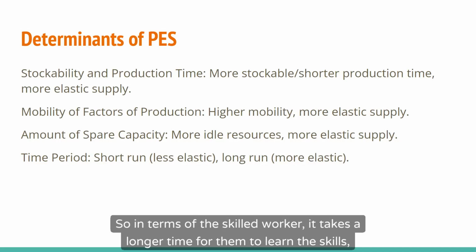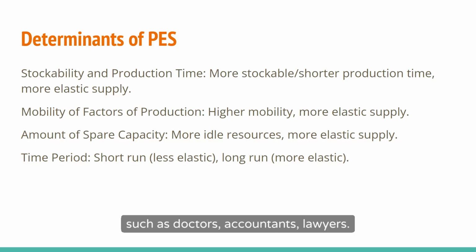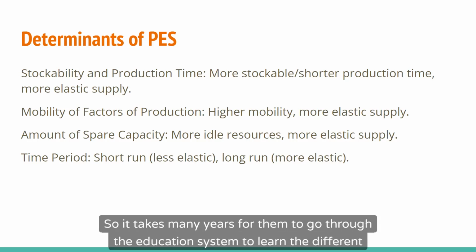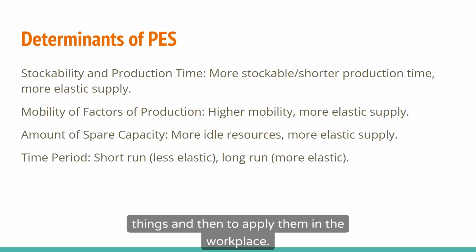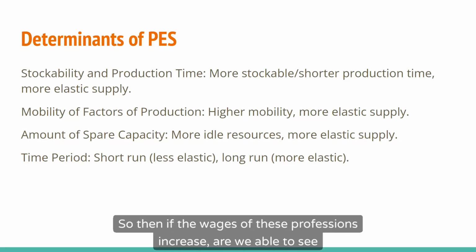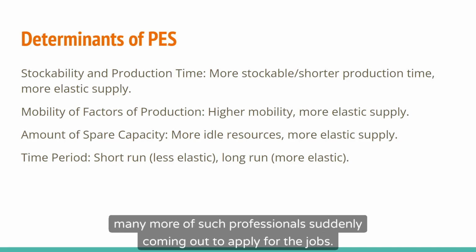So in terms of the skilled worker, it takes a longer time for them to learn the skills, right? Such as doctors, accountants, lawyers. So it takes many years for them to go through the education system to learn the different things and then to apply them in the workplace, right? So then, if the wages of these professions increase, are we able to see many more of such professionals suddenly coming out to apply for the jobs?